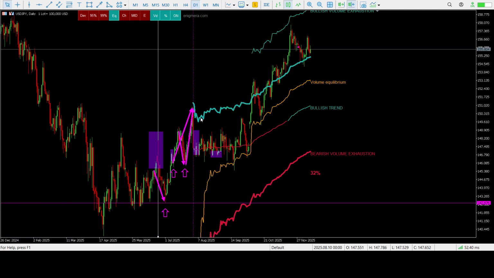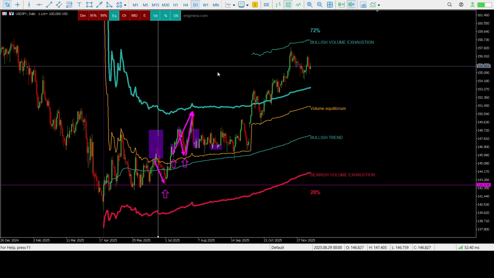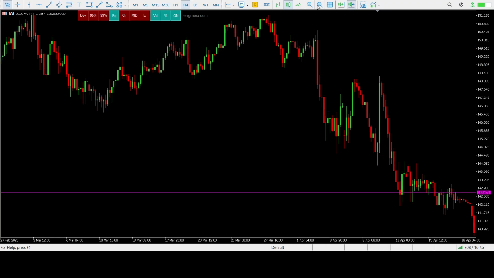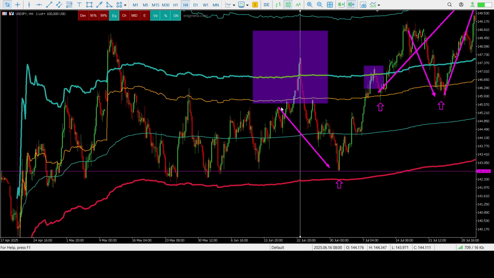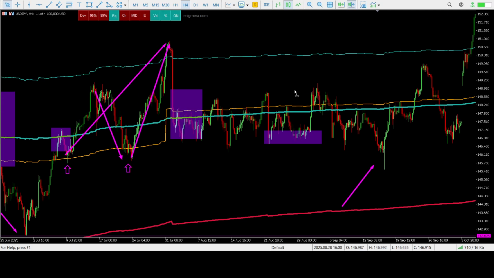But let me check again what happened on the daily chart. Here at this place is the liquidity of the daily action, where the market is collecting the liquidity.